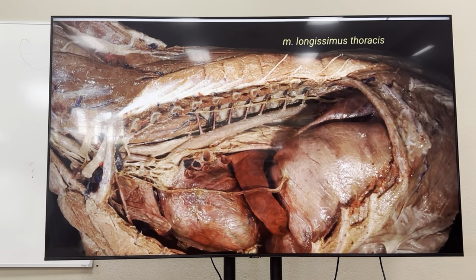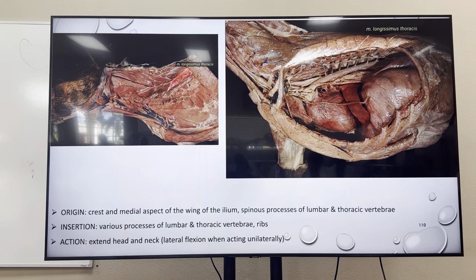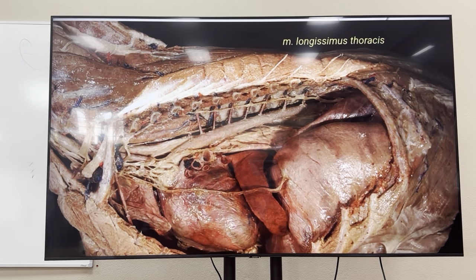So recall we mentioned that the longissimus has a similar origin with the iliocostalis, that is the wing of the ilium. So this comes all the way from the wing of the ilium and the spinous processes of the lumbar and thoracic vertebrae.